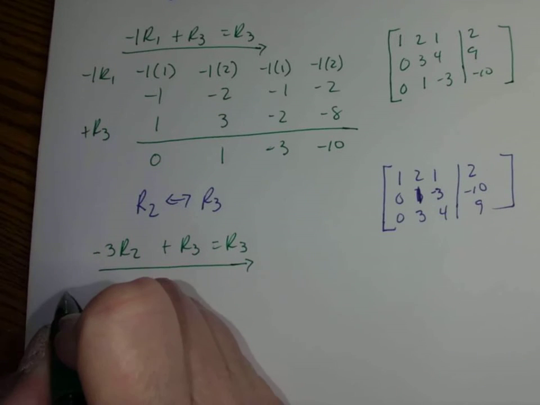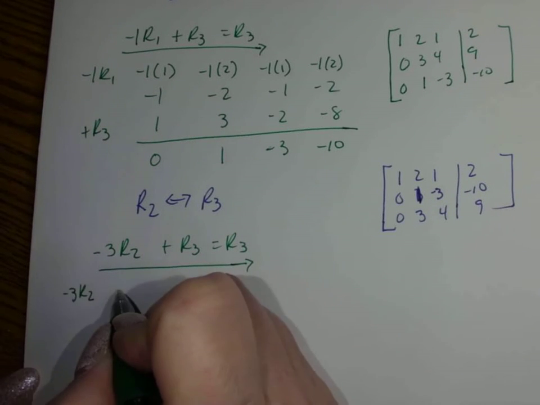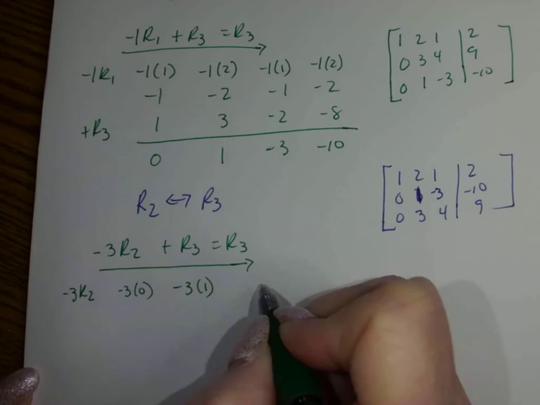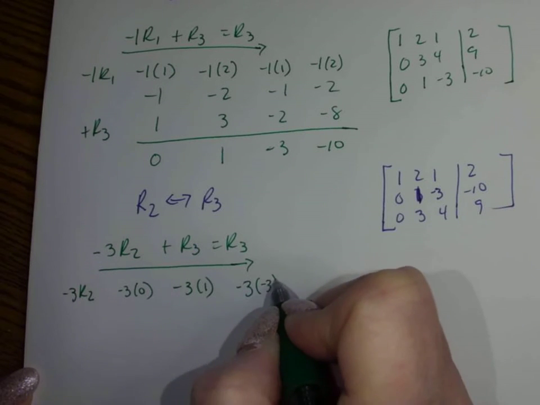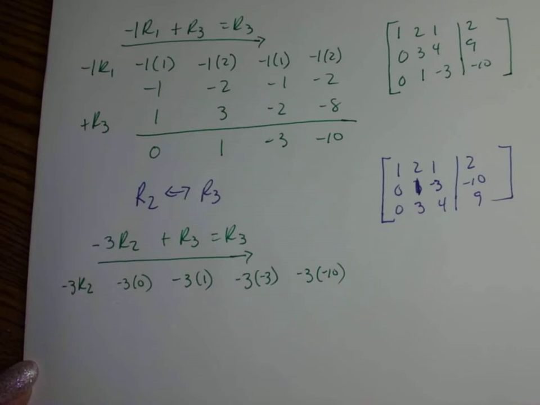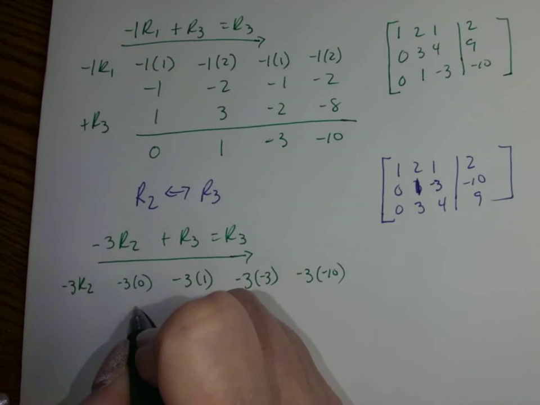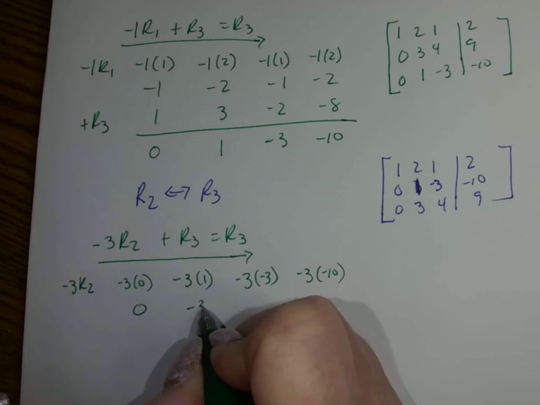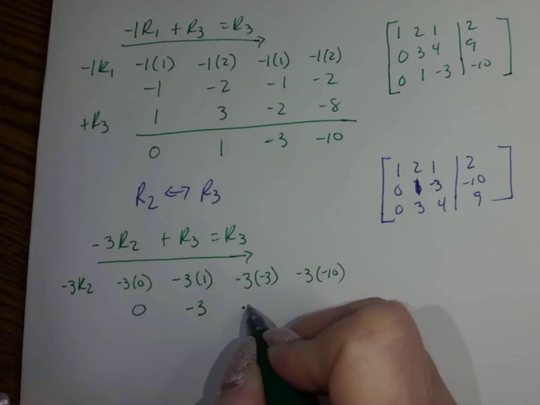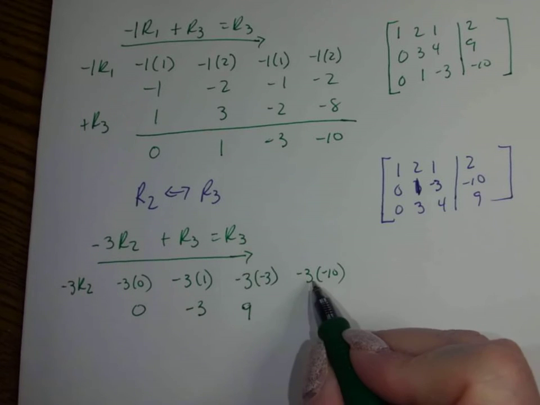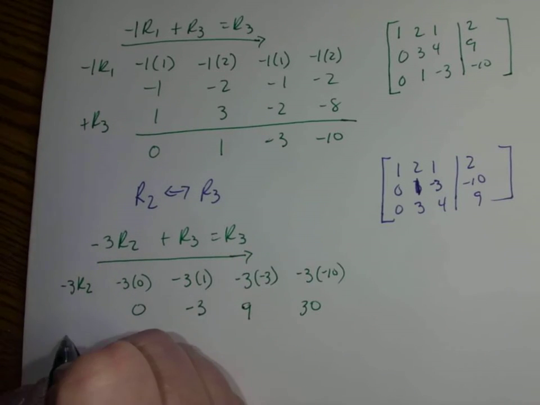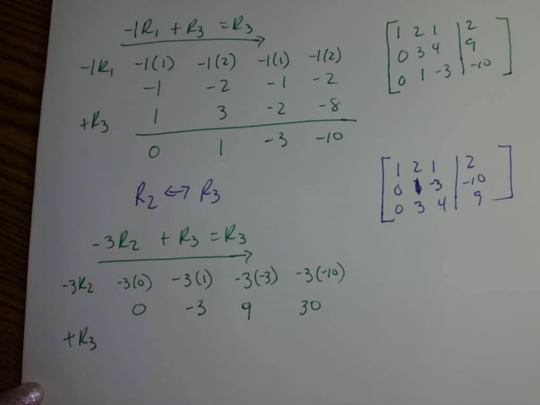All right, so negative 3 times row 2 would be negative 3 times 0, negative 3 times 1, negative 3 times negative 3, and negative 3 times negative 10. That will get us 0, negative 3, 9, and 30. And then we'll add row 3.